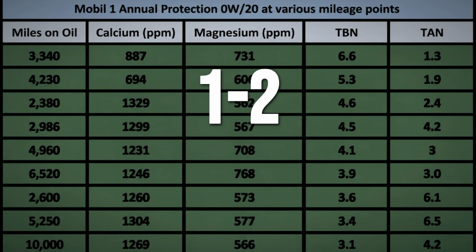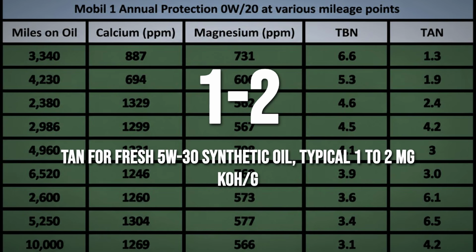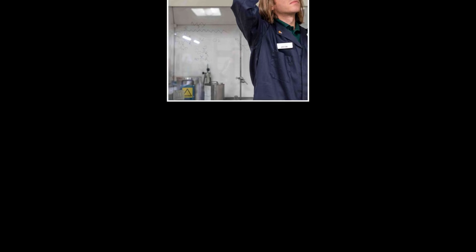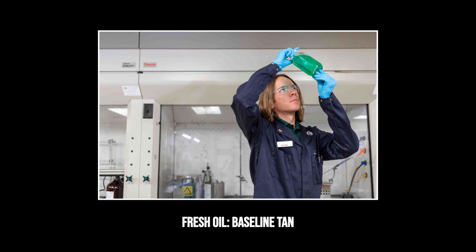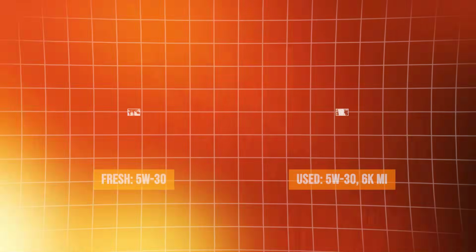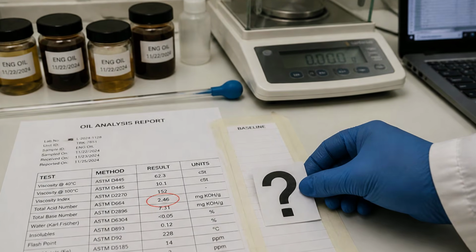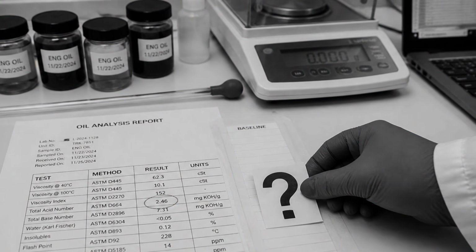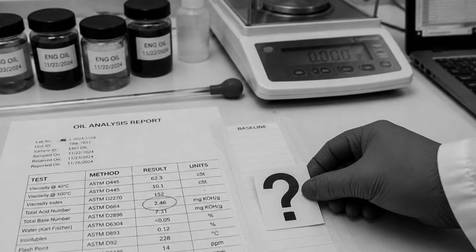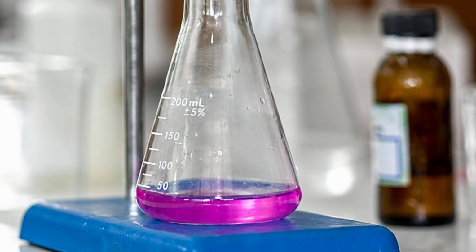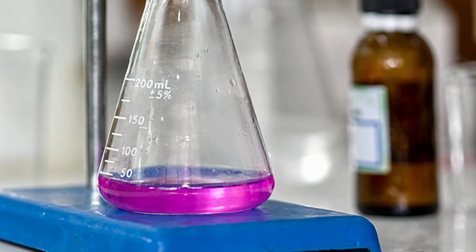A brand new 5W30 synthetic might carry a total acid number of 1 to 2 right out of the bottle because certain additives, including some antioxidants and anti-wear compounds, are mildly acidic by nature. The baseline matters. A single total acid number reading, without knowing the fresh oil's starting point, tells you less than it appears to. As the oil ages, the two numbers move in opposite directions.